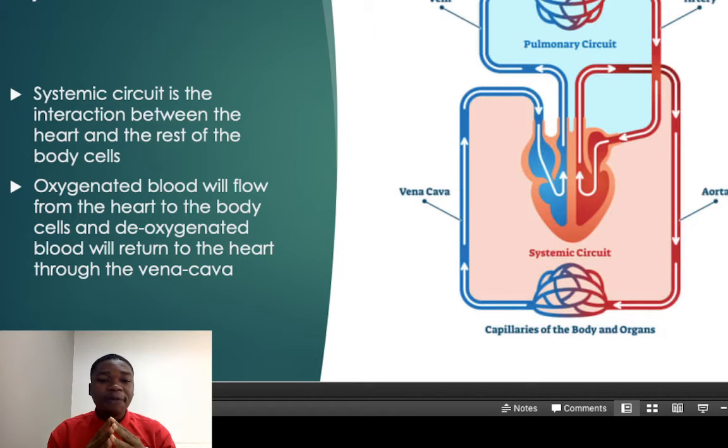Oxygenated blood will flow from the heart to the body cells, and deoxygenated blood will return to the heart through the vena cava. Remember, the vena cava, we said, is the main vein in the human body. I hope it makes sense.